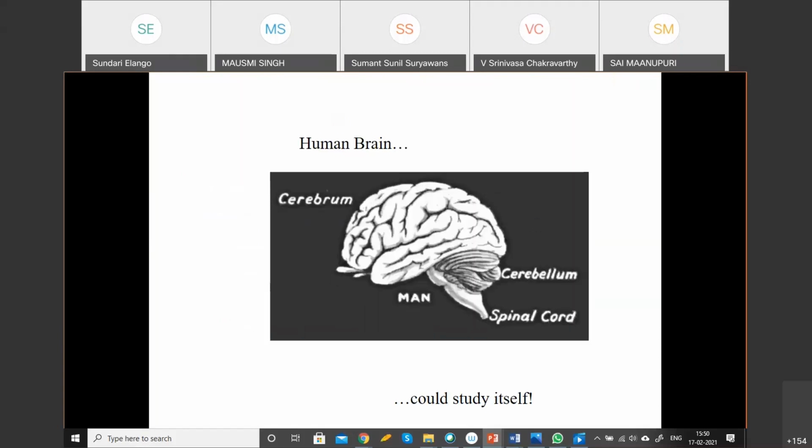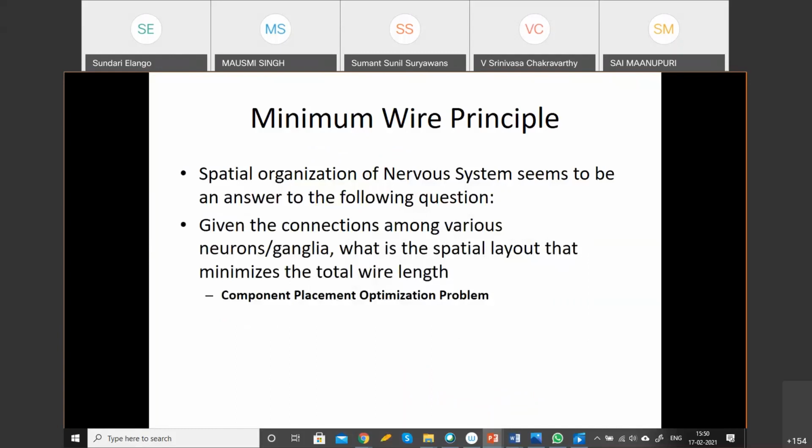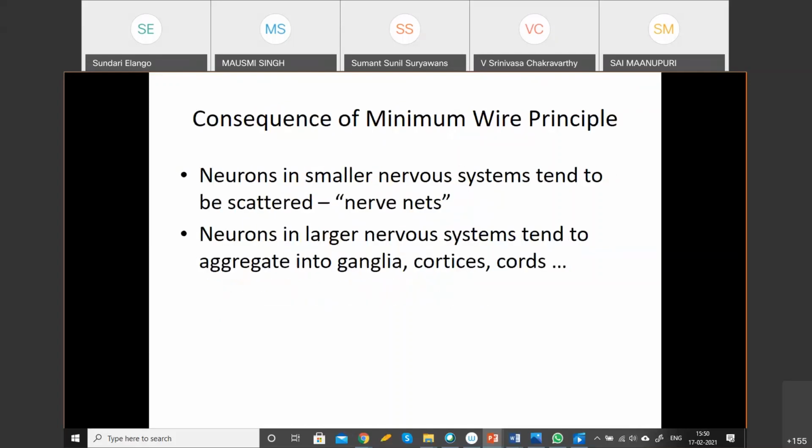A human brain. Now, we have looked at this component placement optimization, right? How nerve systems seem to minimize the wire length, right? And argue that because of this minimization of wire length, what happened was more neurons, more and more sensory organs, more diversity in the kinds of sensory organs that you have, right?